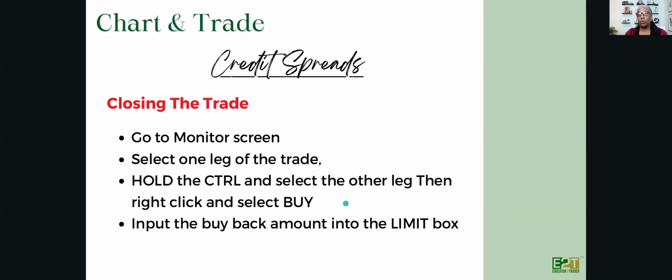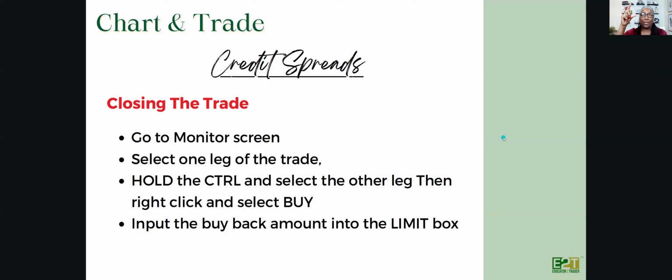The whole point is that you want to close it. You can't let these expire on their own, but if you're going to close it, you want to close it for less than what you took in. So if you received $15, you want to close it for 10 and 5 and 2 and 1. You want to close it for less than what you took in, because as a seller, we sell high and we buy back low.